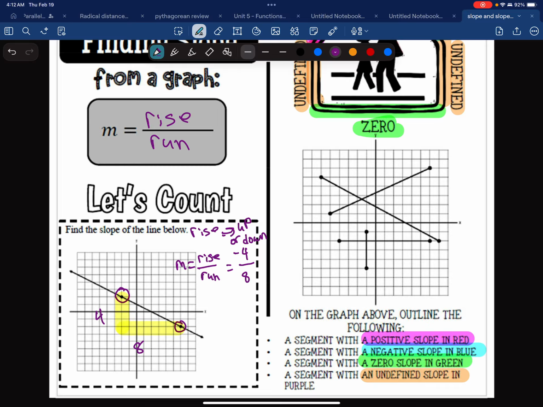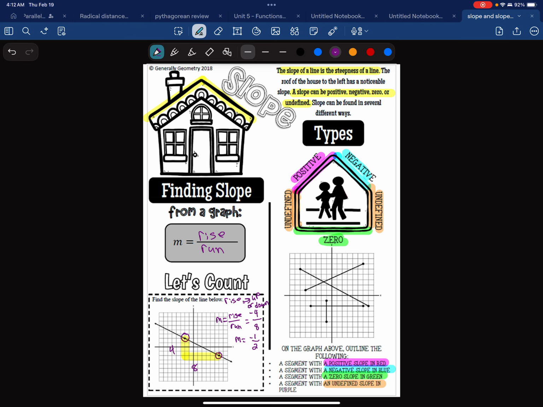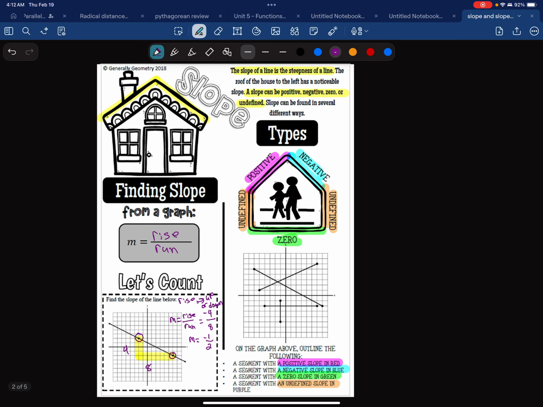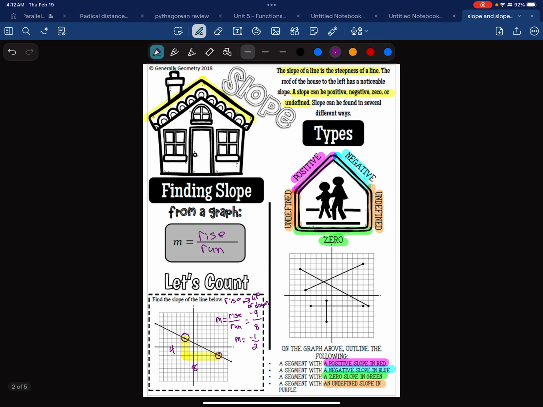It is 8. So my slope equals -1/2. Yes, you must always simplify your fractions. When I grade your binder check, you need to have highlighted these items right here, or I will take off.